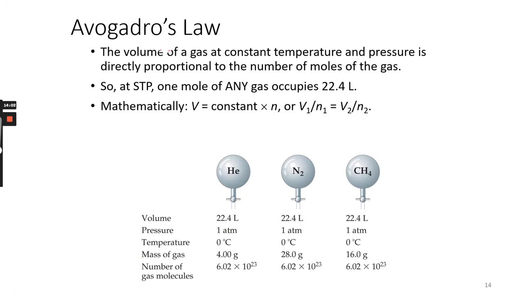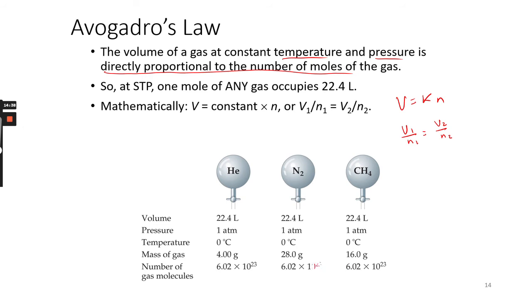From that, we get Avogadro's law, which says that the volume of a gas at a constant temperature and pressure is directly proportional to the number of moles. So V equals some constant times N. So if you're comparing your initial volume and your initial amount of moles, and then you change it to your final, the ratio of the two have to be equal.